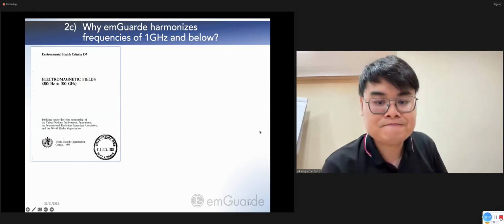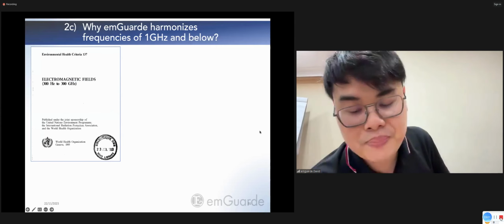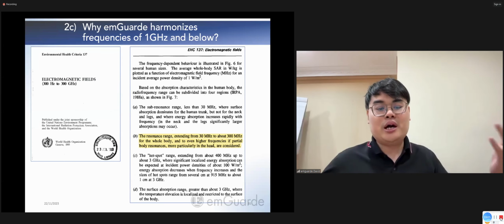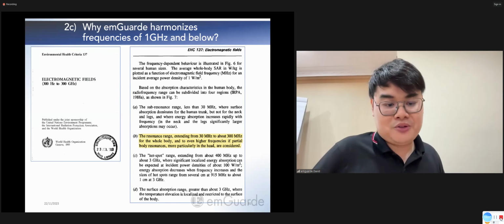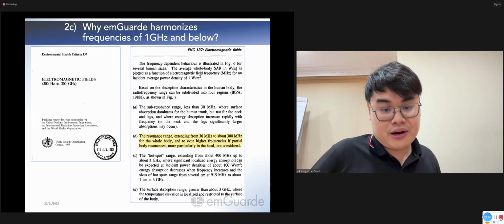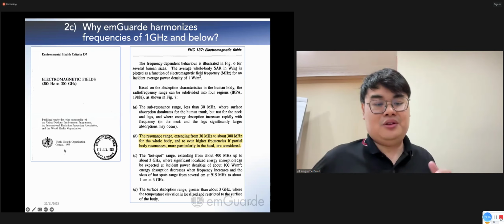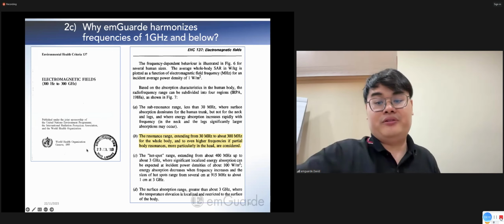Now, besides the FCC, let me pull out another document. This is from the World Health Organization, and it was published back in 1993. Based on the seal there, it is 1999. It's talking about electromagnetic fields, anything between 300 hertz all the way to 300 gigahertz.